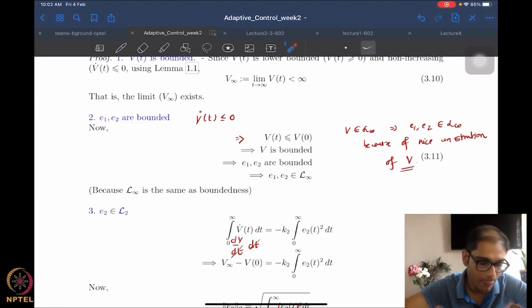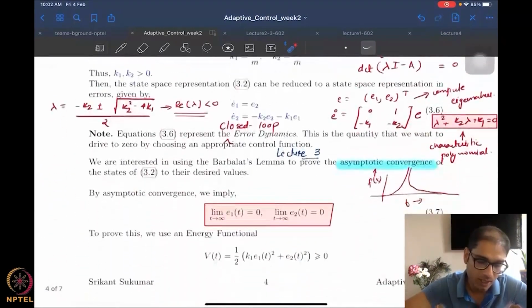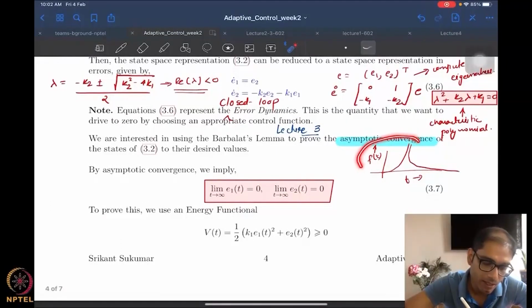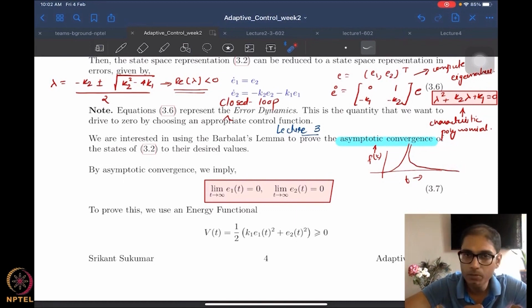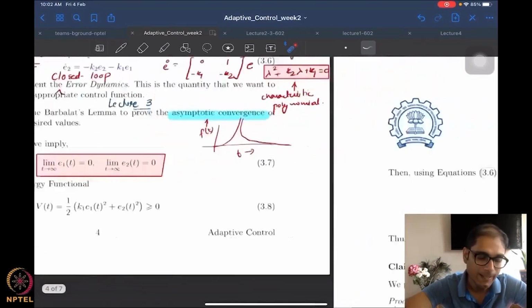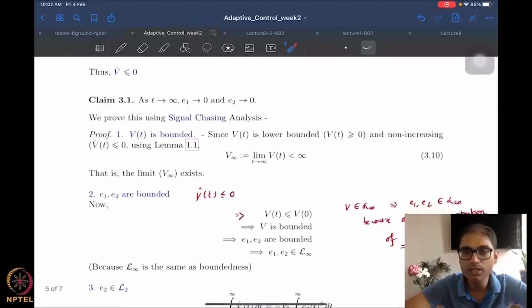So we do have convergence from this, but we also prove that all our closed loop signals remain bounded. So this sort of thing, that I gave as a funny example, cannot happen. It cannot go to infinity and come back. It can become very large and come back, but everything is still bounded. So all the closed loop trajectories are going to be bounded, and on top of it, you've proven convergence.